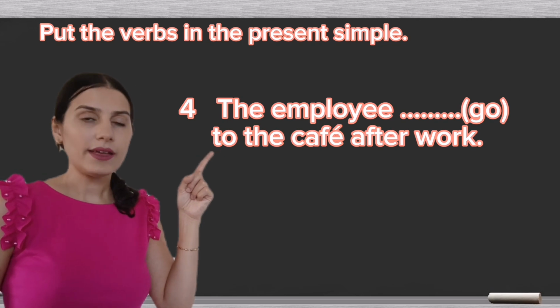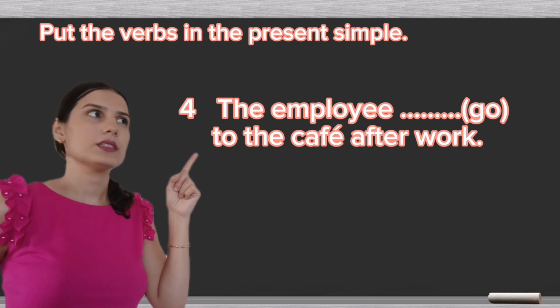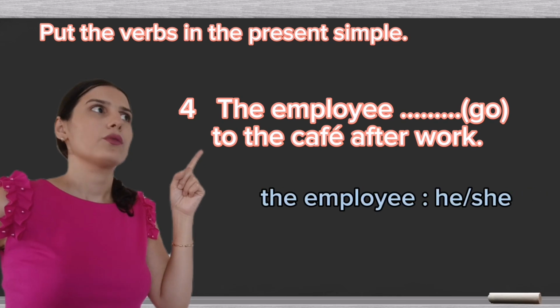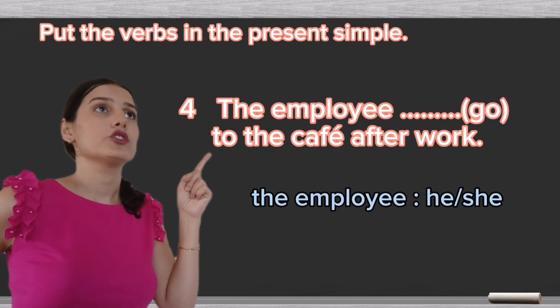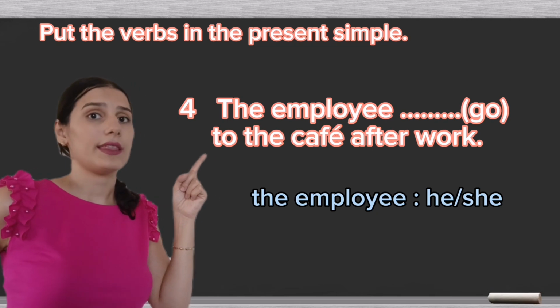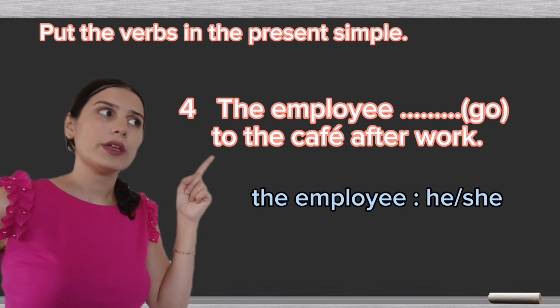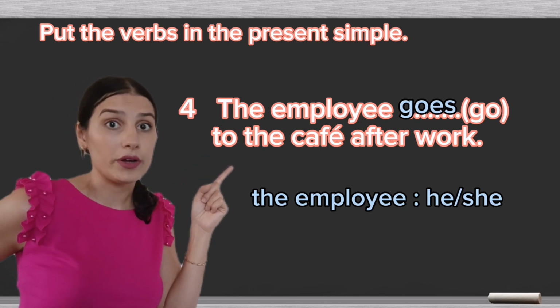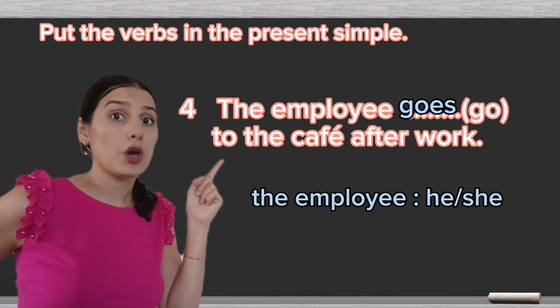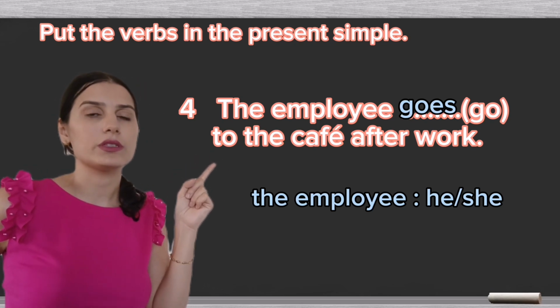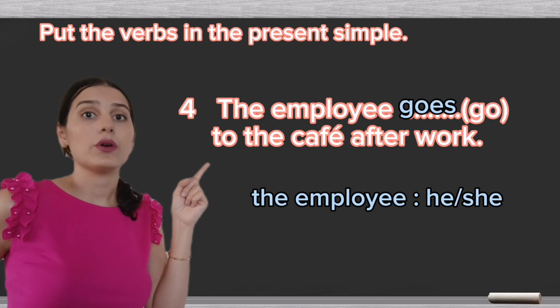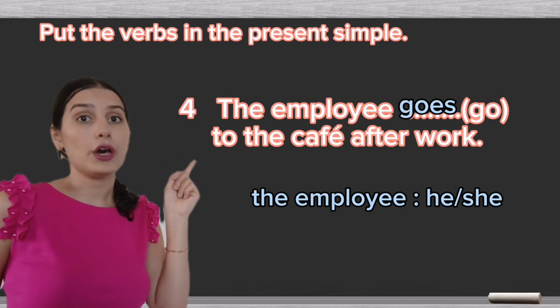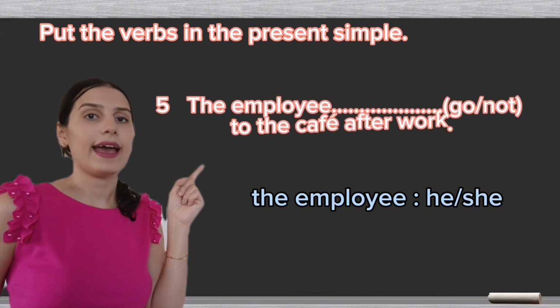The employee. Okay, so the employee, we can use he or she to refer to the employee. That's right. So the employee goes. The present simple form of the verb go is goes with he, she, and it. So the employee goes to the cafe after work.